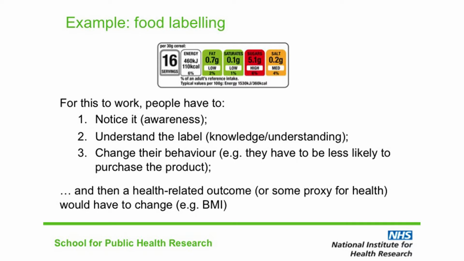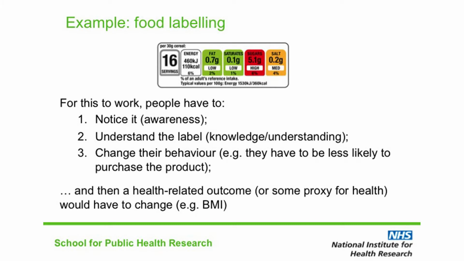Once they've noticed them, they need some sort of understanding of what is on those labels. Having seen the labels and understood what they're trying to tell them, the next thing is, hopefully, knowing what's on the labels will change their behaviour. That means they might eat more of products that they think are healthier and less of products that are unhealthier. And if they change their behaviour, then hopefully that will then have health impacts.